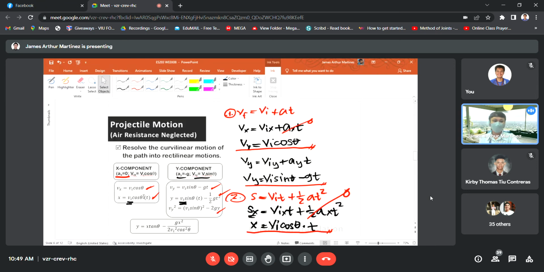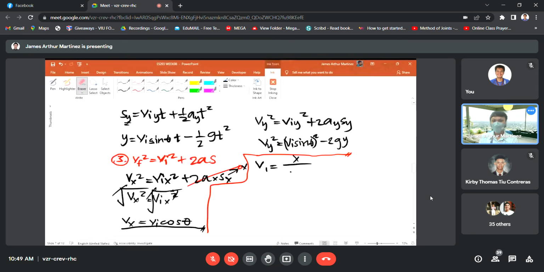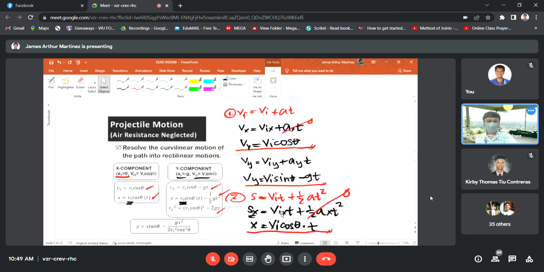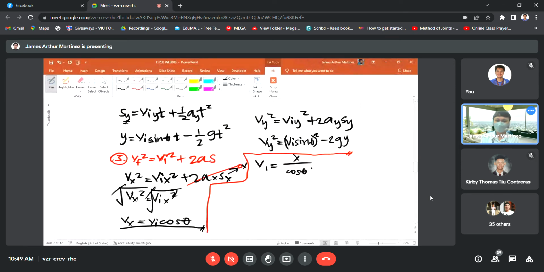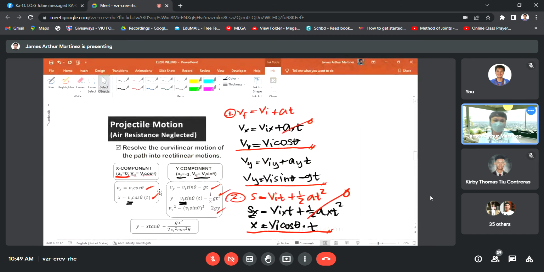So if your vi here should be equal to the y component's vi, we express the x component for vi. So vi is equal to x over cosine theta t. Also, as I mentioned, you have to consider that the time here should be equal also.